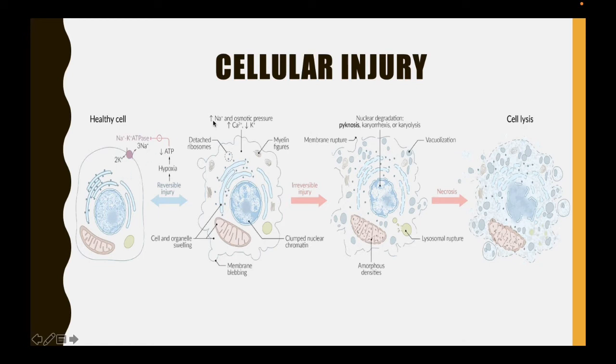So, here we can see that increase in the sodium and osmotic pressure and increase in calcium. The reason this increase in calcium occurs within the cell is that, like the sodium potassium pumps on the plasma membrane, we also have sodium calcium exchangers present on the plasma membrane. And normally the chemical energy of the sodium gradient pumps the calcium ions out from within the cell to outside.